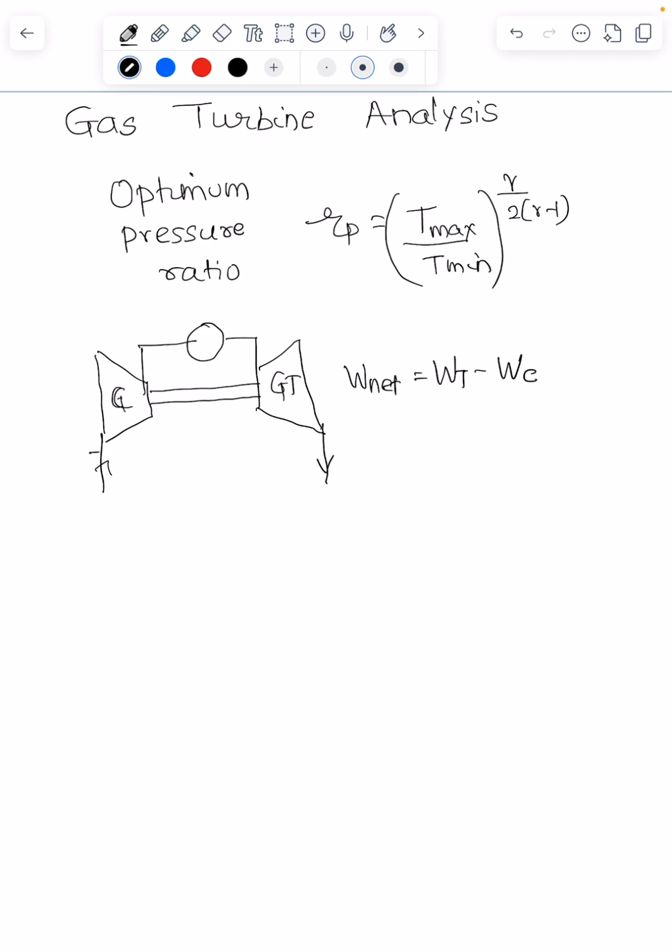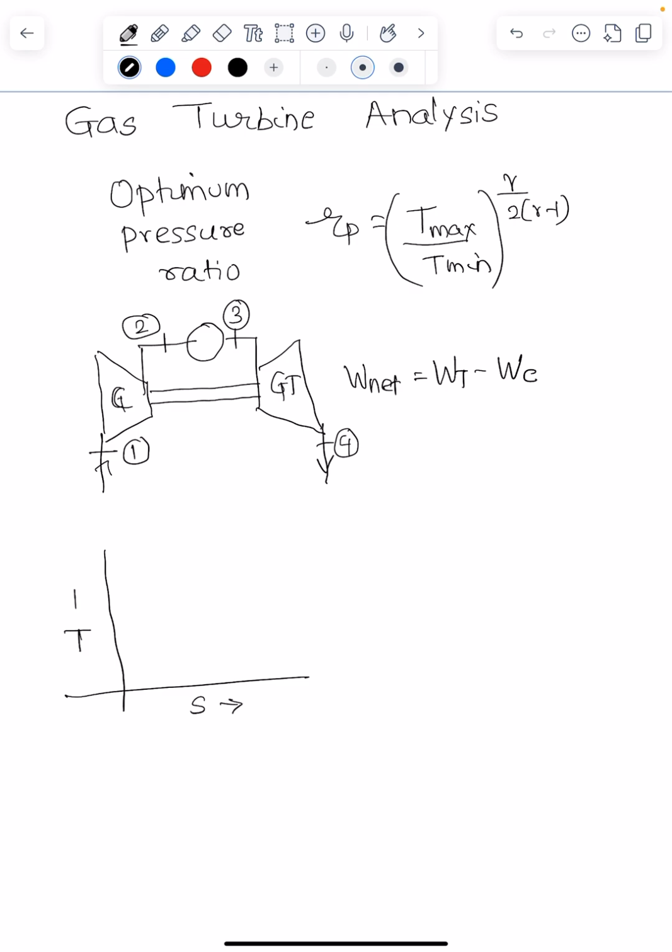If I call the entry condition as 1, the compression is 1 to 2, the heat addition is 2 to 3, and the expansion is 3 to 4, then the representation of this cycle on a temperature entropy diagram is as follows. We know that it is the Brayton cycle which I am talking about.